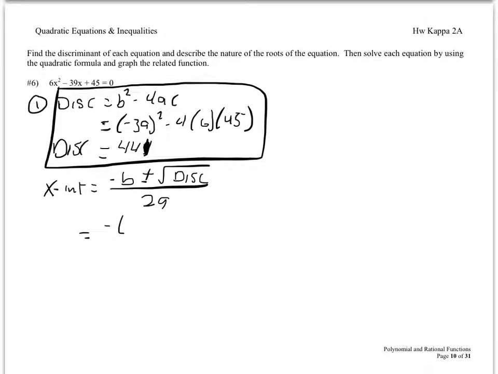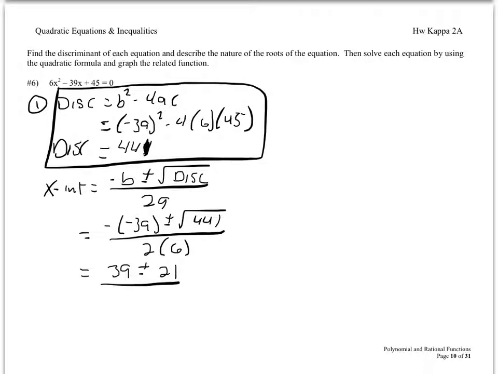So we have a negative b. B is -39. Discriminant is 441. Divided by 2 times a, which is 6. Negative negative 39? Well, that's a positive 39, children. Square root of 441 is a perfect square root. It's 21. 2 times 6 is 12.